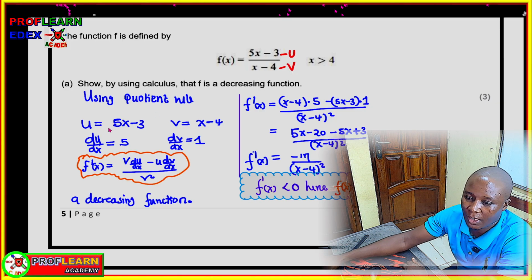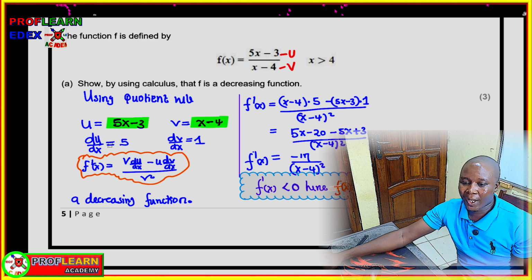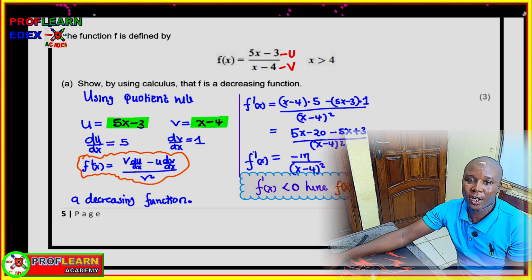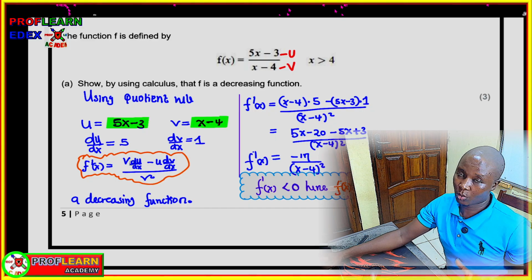So using the quotient rule, it is v du dx minus u dv dx. To prepare this expression, identify what your u is and what your v is. Once you have done that, differentiate each of them so that you have du dx and dv dx ready to substitute into the equation.